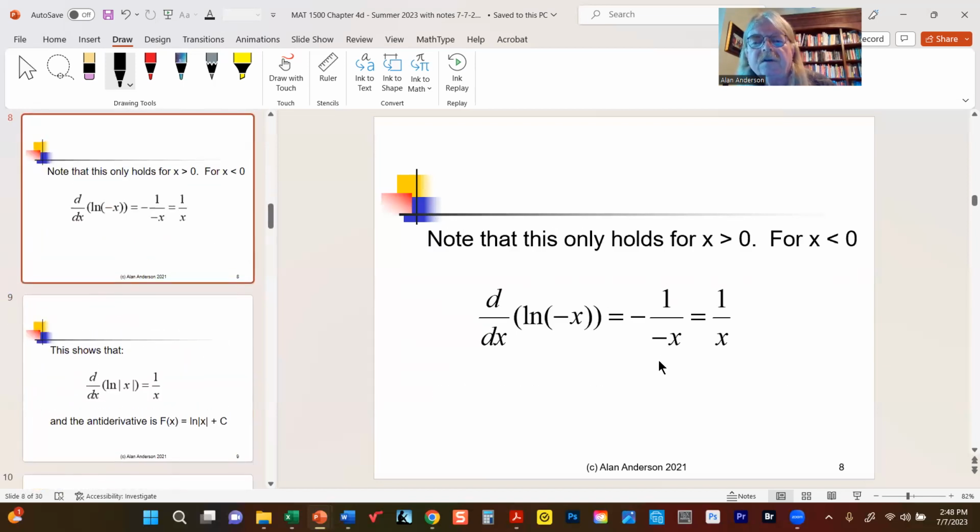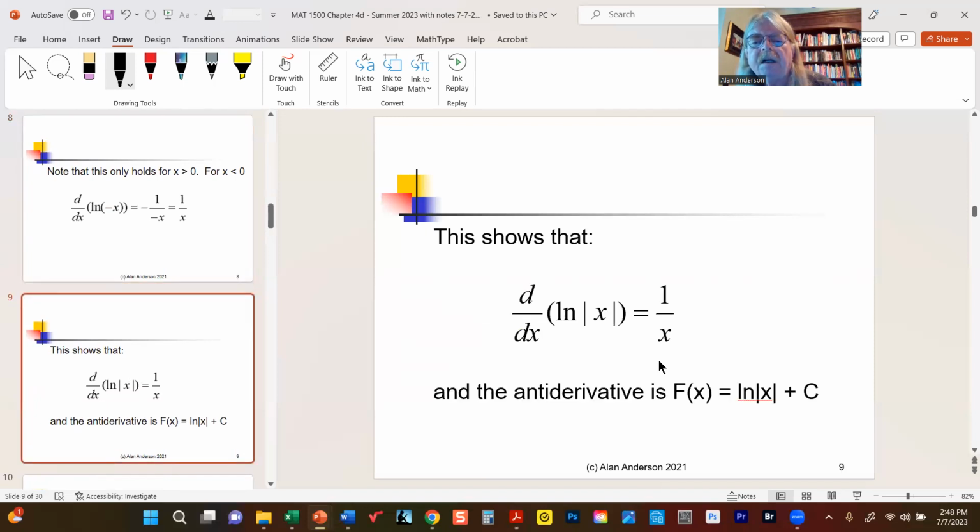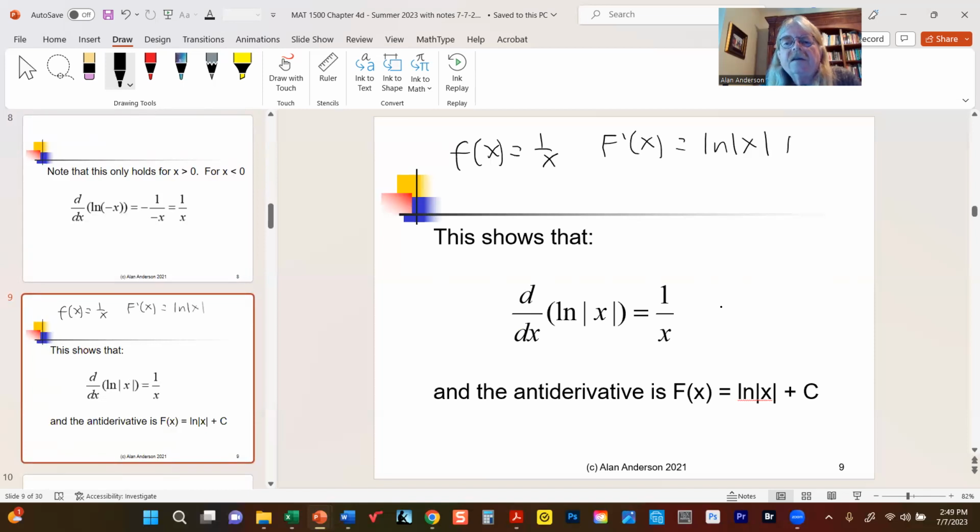So for that reason, with this one interesting case, we have to take into account the possibility that x was negative.